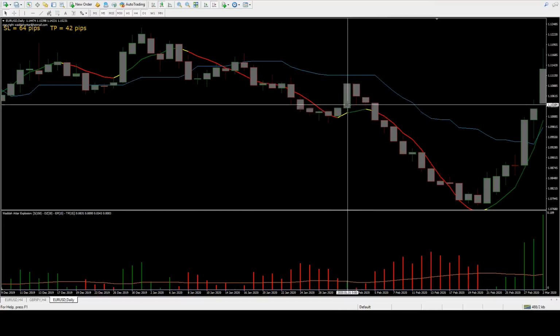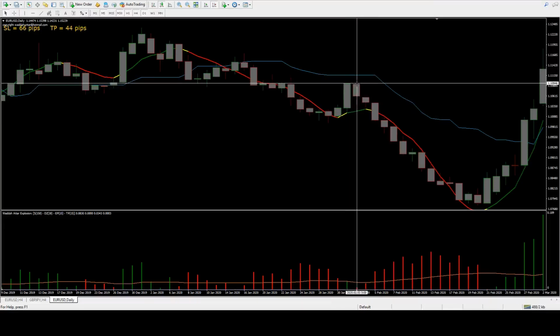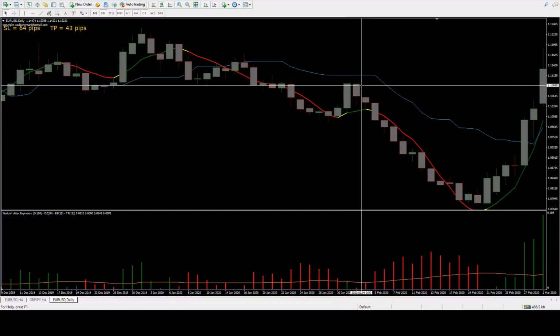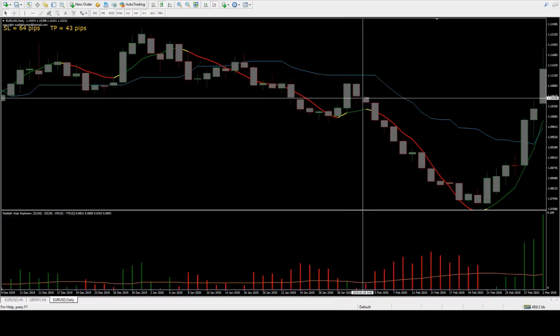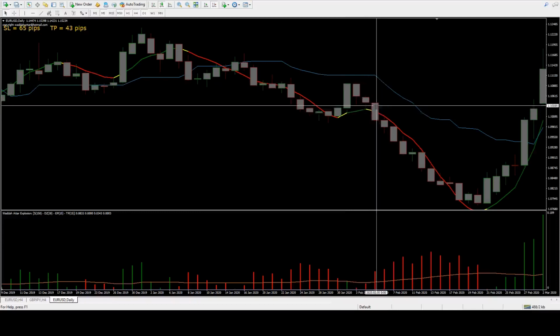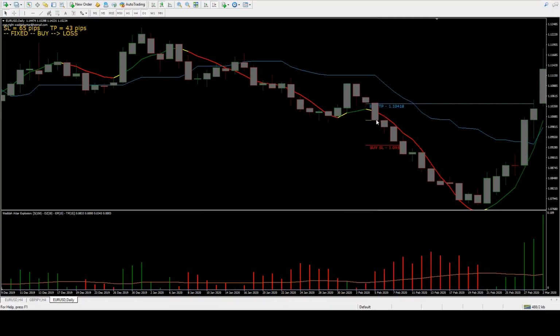Okay, and then the candle never closed above, it's just below the Kijun-sen, and as soon as the candle here formed, it started a bearish trend, so you would go and take a sell here.